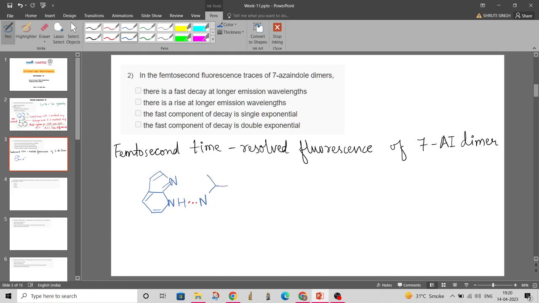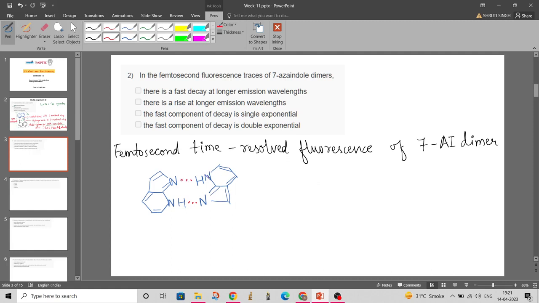So let's draw the 6-membered ring here. NH, this is the 5-membered ring. And we have one double bond here, one bond here. And there is another hydrogen bonding here.